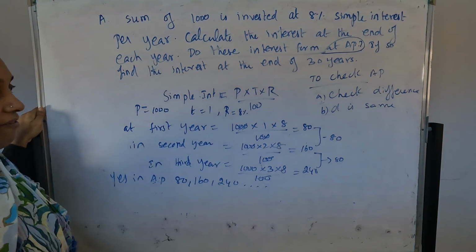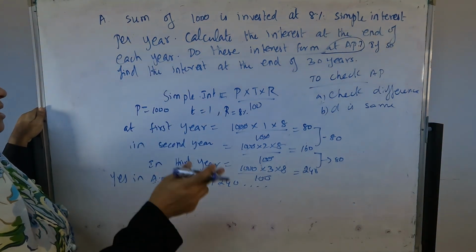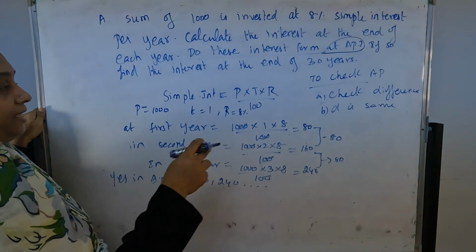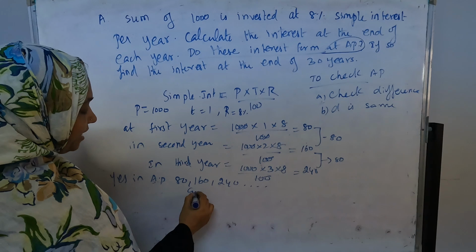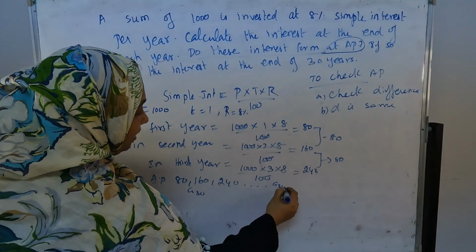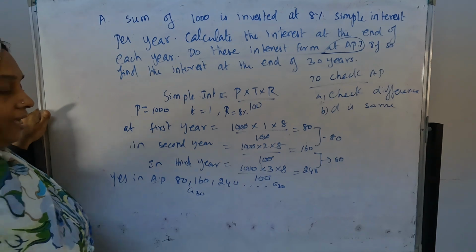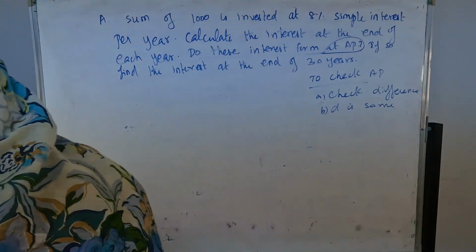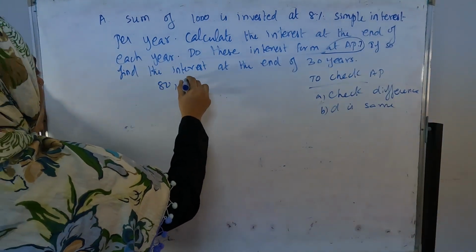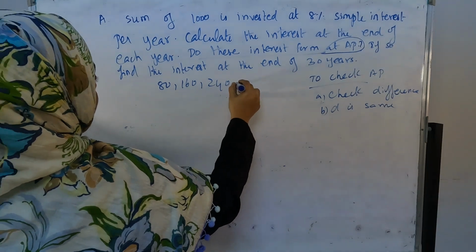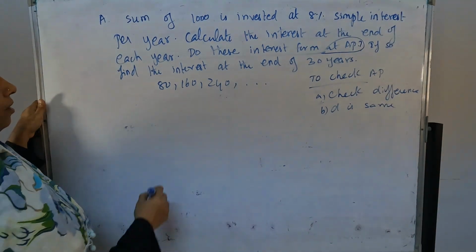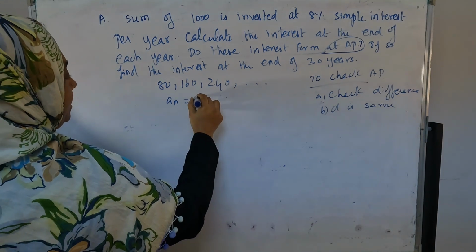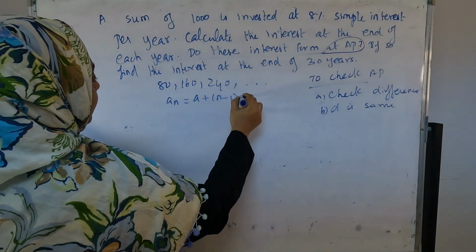Find the interest at the end of 30 years they are asking. That means at the end of the 30 year, what is the interest? That means A30 they are asking. For this one, we will use the an formula. The an formula is a plus n minus 1 into d.